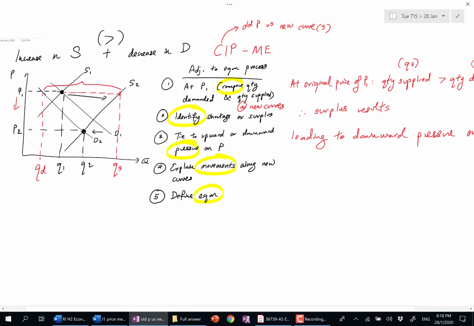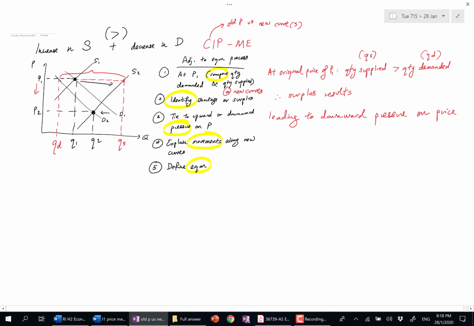Okay, so it leads to downward pressure on price, and we are going to say that as your price falls, quantity demanded increases along D2. Okay, so quantity demanded increases along D2. You see that?